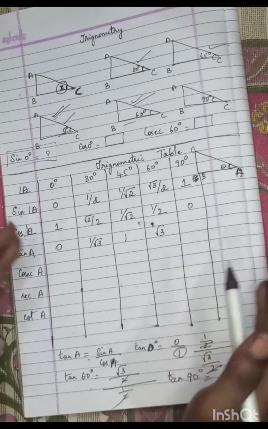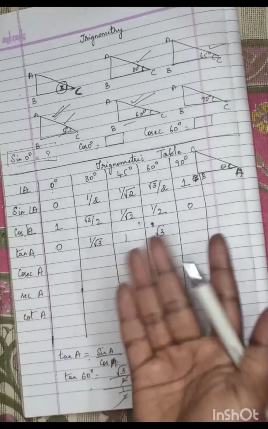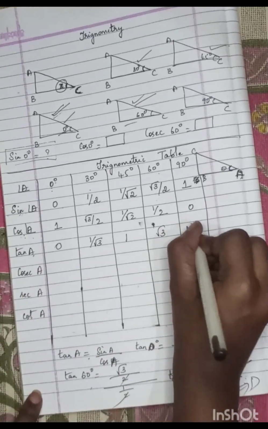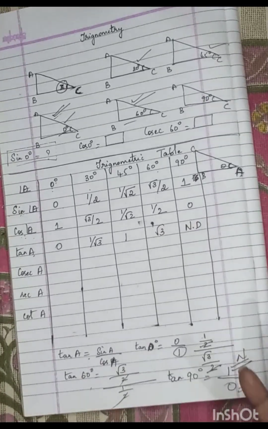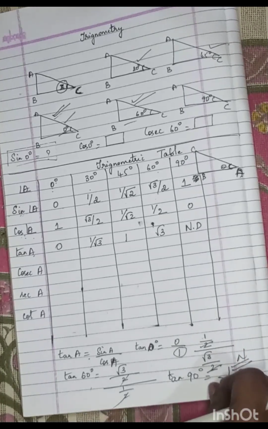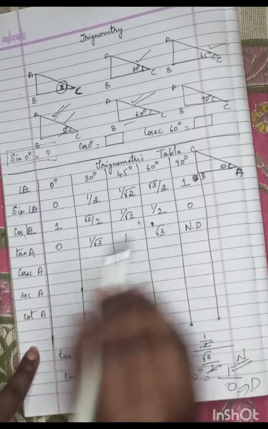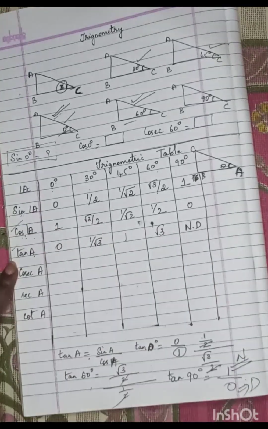So, whenever in a fraction the denominator place is occupied by 0, that particular value will be called not defined. There is no value for it. Whenever in the denominator place we have 0, that particular value is not defined properly. So, therefore, we will write it as not defined. So, now this solved our cos theta and tan theta.